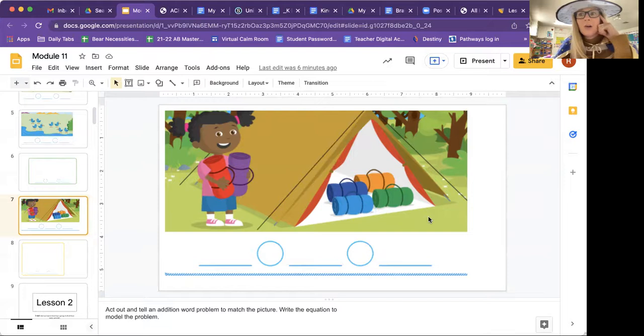Okay, so you can come up with whatever you want. Or maybe in your story, she's going home and she is taking 2 and then she's going to take 4 more, whatever. Addition. Okay. Pause this while you come up with your own story. Tell your homeschooling parent at home, your homeschool teacher, and then write the equation.